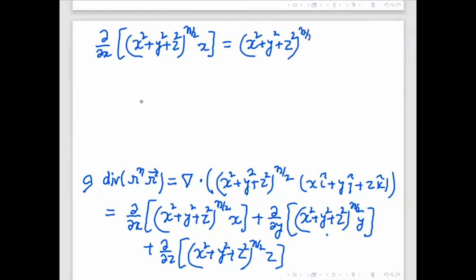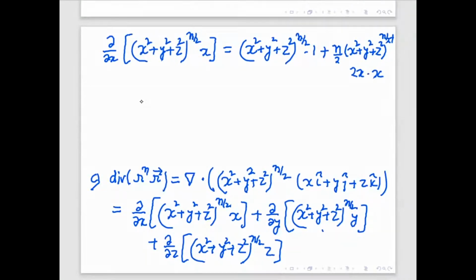derivative of x is 1, plus the derivative of the first term will give n by 2, x square plus y square plus z square to the power n by 2 minus 1, and the derivative of x square will give 2x, and 1x is already there. So this 2 will cancel out. What will we get?